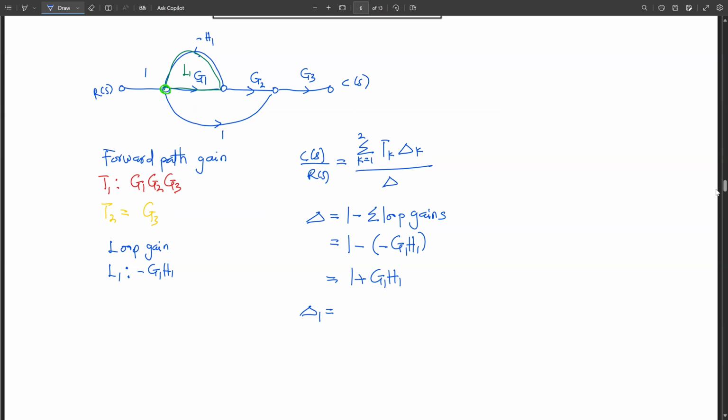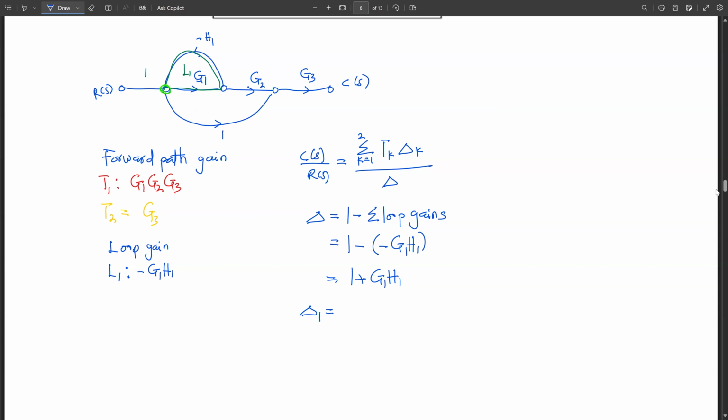So, for instance, for delta sub 1, we identify the first path, right? Which is from here to this side, right? And then we identify the loops that share a common node with that path. If a loop shares a common node with that path, then we take it out, right? So that's what the whole thing is about.